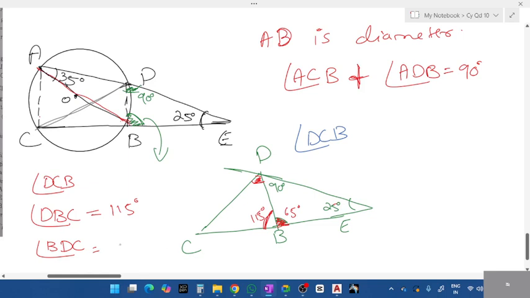We need to find BDC, students. Using triangle, is it possible to find BDC or BCD? No, right? Both are missing. Then use the arc concept, segment concept to find BDC. Triangle BCD, what's the arc for BCD?